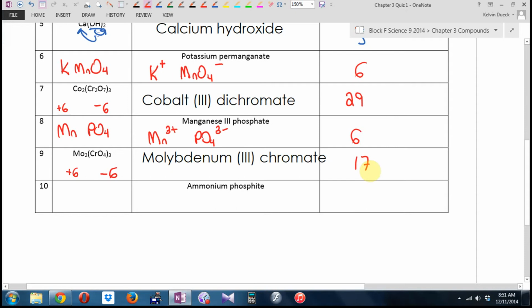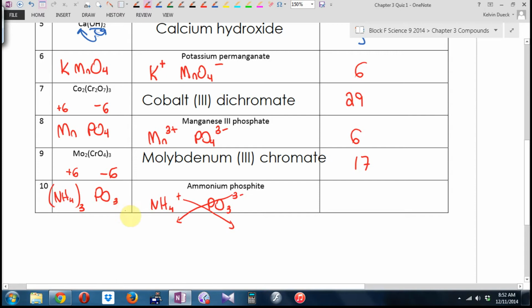Ammonium phosphite. Ammonium is NH4 plus. Phosphite, not phosphide. Phosphite is PO3 3 negative. When I crisscross, I'm going to get NH4. I guess I'm going to need 3 of them.